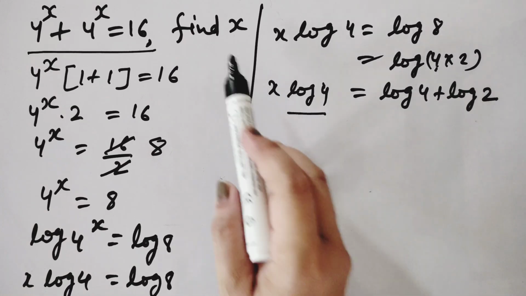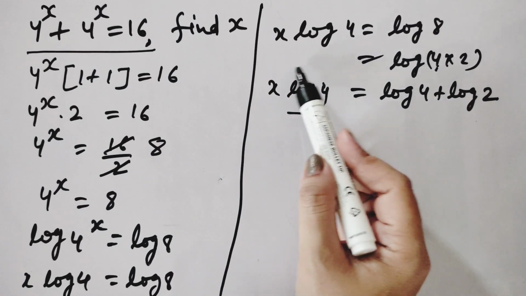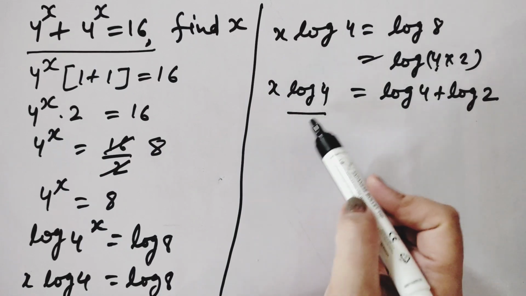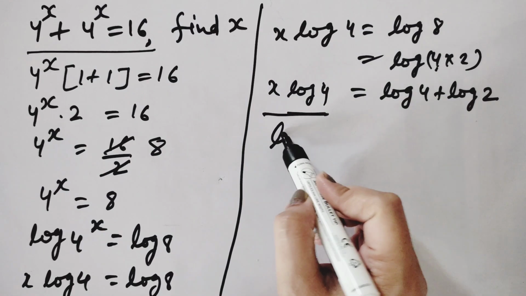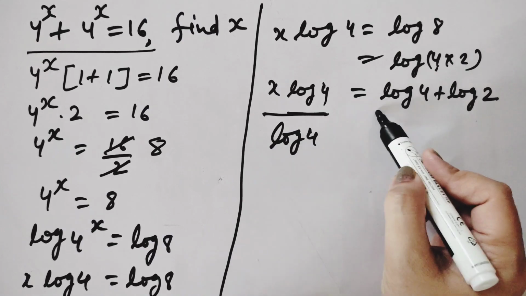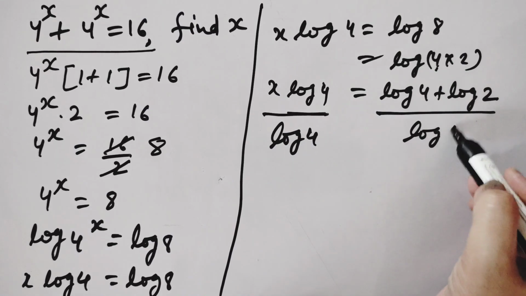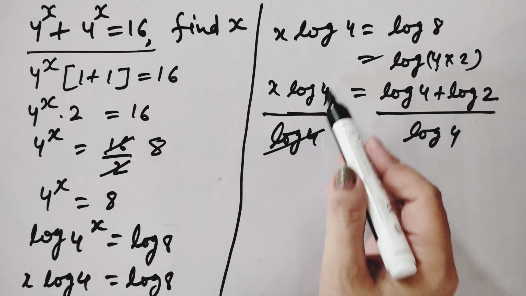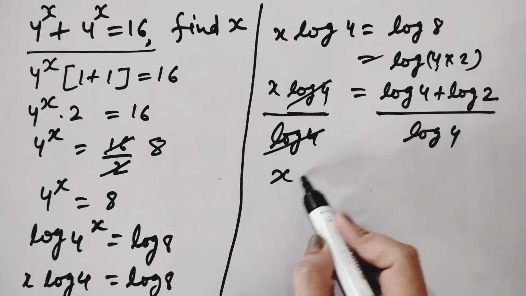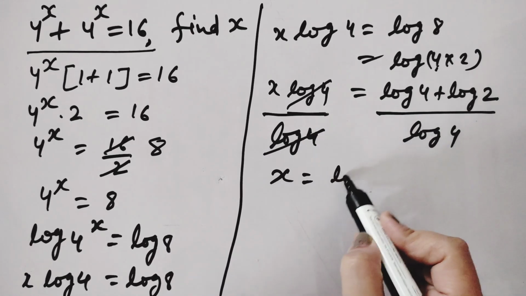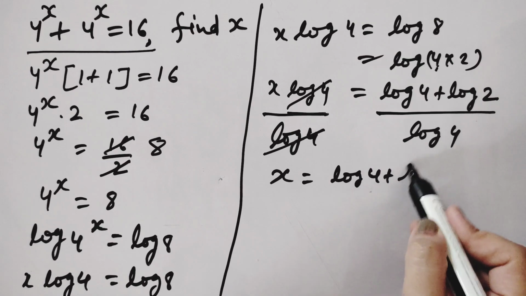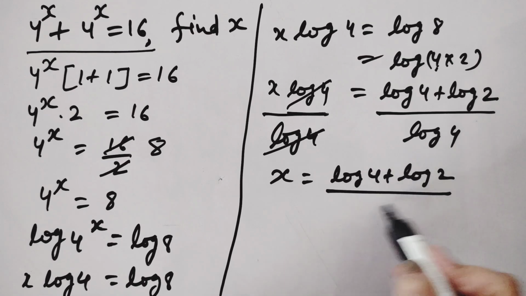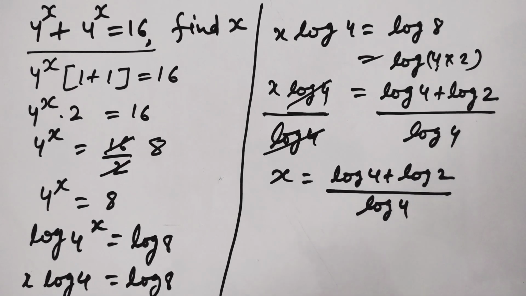We need to find the value of x, so first of all we will remove this log 4. We will divide this equation by log 4 and this also by log 4. Log 4 cancels out. So x equals, this is log 4, remaining is log 2 upon log 4.